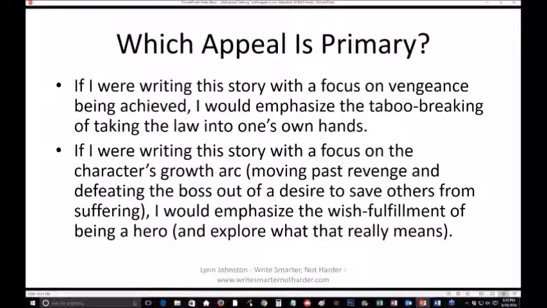Which one's primary? If I was writing a story with a focus on vengeance, I'd probably emphasize that taboo breaking, like the fantasy of taking the law into your own hands and being the one to make things happen the way you think they should.